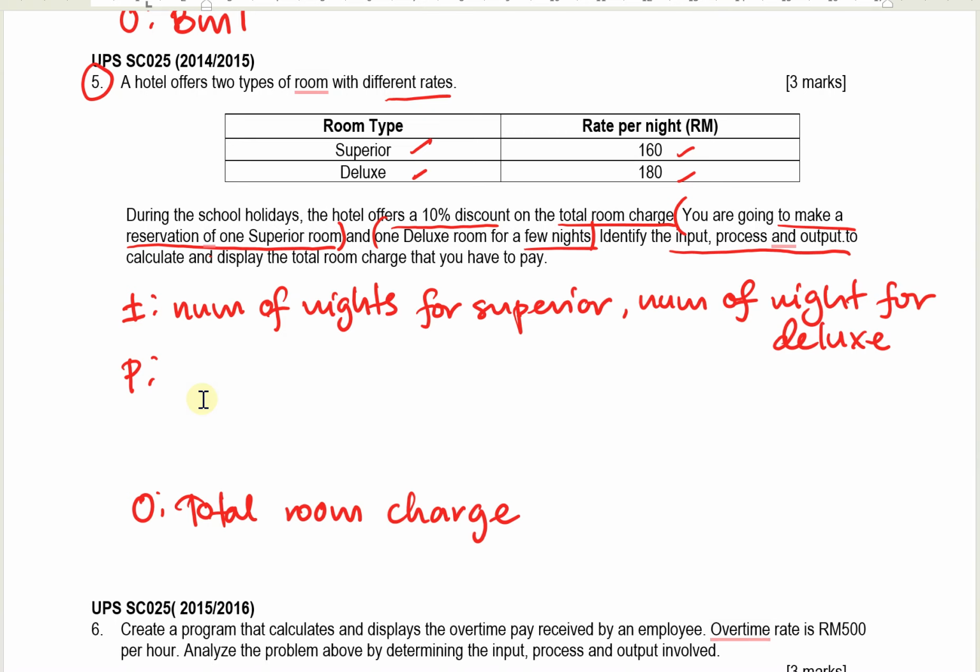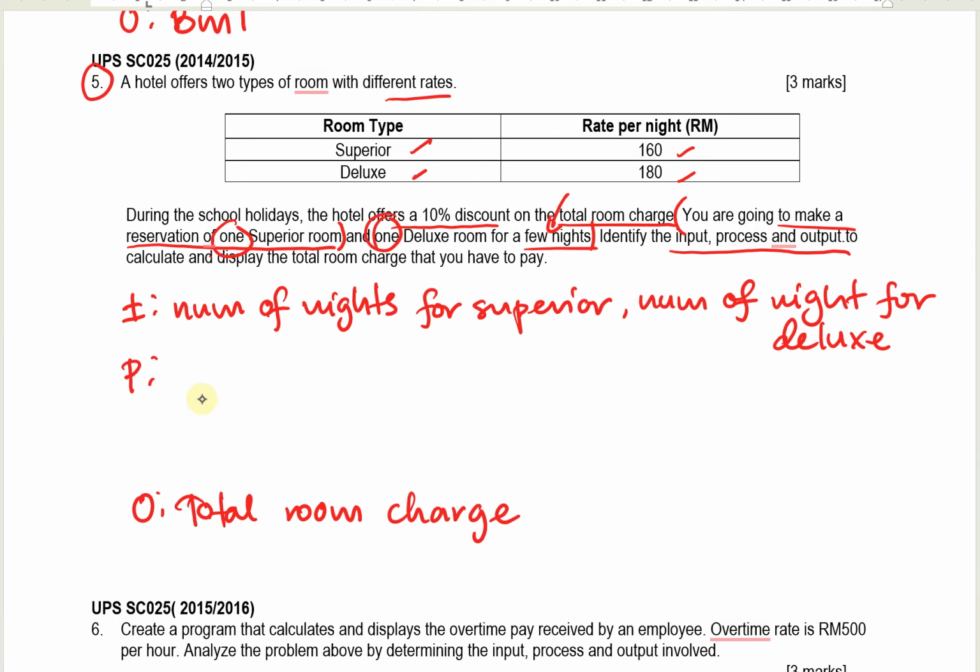Okay, can you reserve or book more than 1 superior room? And also, can you reserve or book more than 1 deluxe room? No, you cannot reserve more than 1. You can only book 1 superior room and 1 deluxe room, but you can reserve for a few nights. Let's say you want to reserve a superior room for 5 nights.